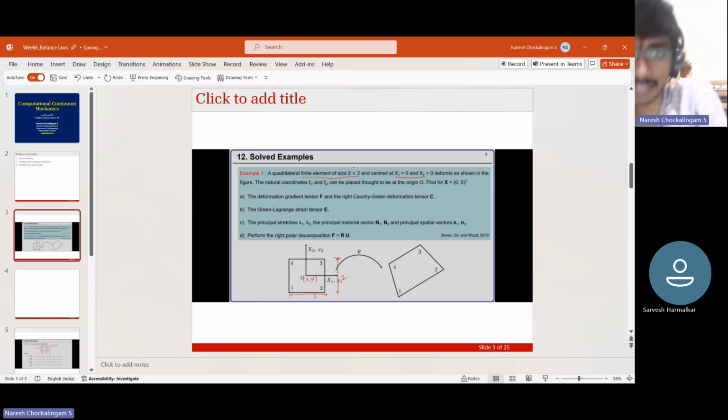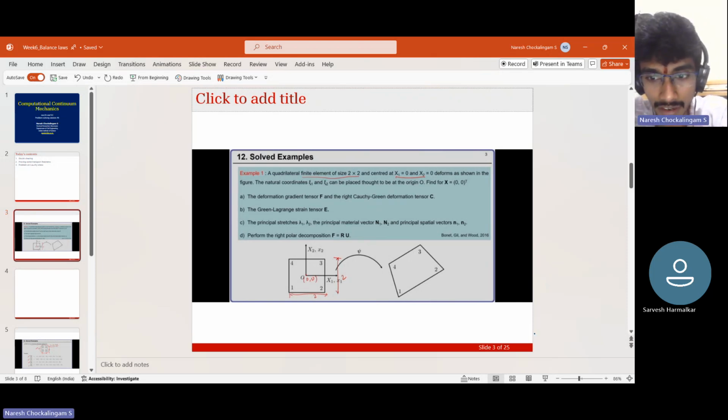So the problem says there's a quadrilateral finite element of size 2 cross 2 and centered at the origin. This one deforms as shown in the figure. The natural coordinates xi1 and xi2 can be placed at the origin O. For a material point which is at the origin, find the deformation gradient tensor, the right Cauchy Green deformation tensor, the Green Lagrange strain tensor, and the stretches.